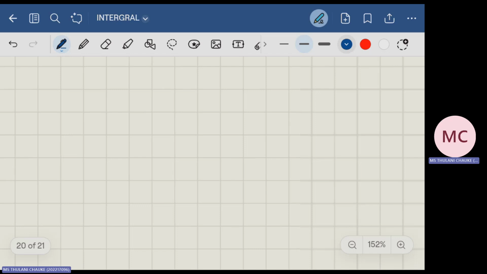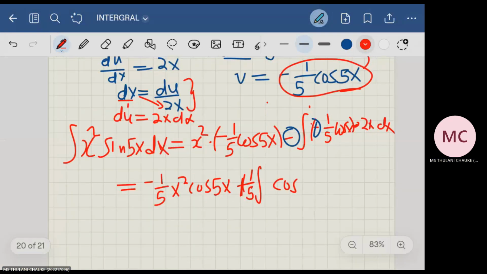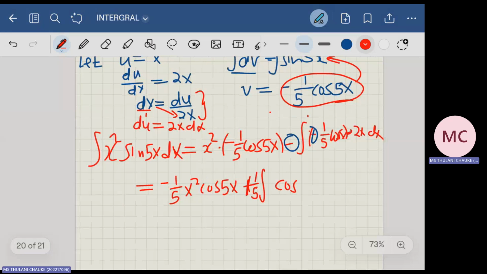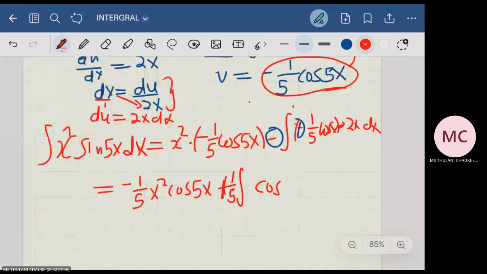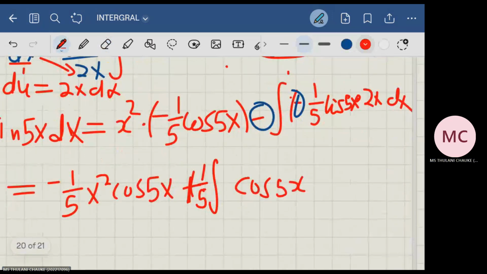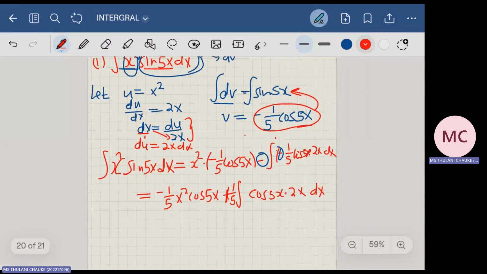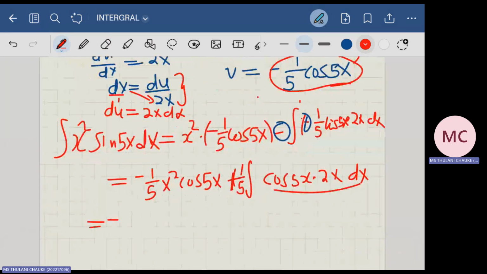And we'll have the positive integral of, and check out the constant, 1/5 cosine of 5x times 2x dx. And we do not know the integral of this.